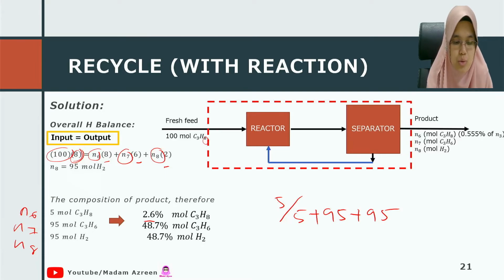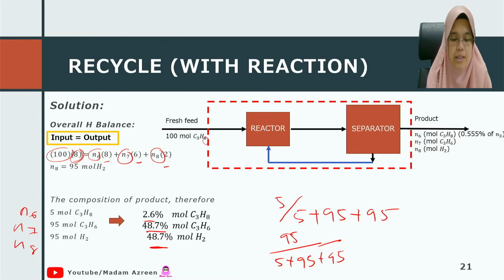Same goes when you have 95 over 5 plus 95 plus another 95. You should get this value. Same goes with this one. If you still have problem about this, you have to refer back to your chapter, maybe your previous lecture on how to calculate a composition. So we already solved for 3 unknowns at the overall boundary condition.